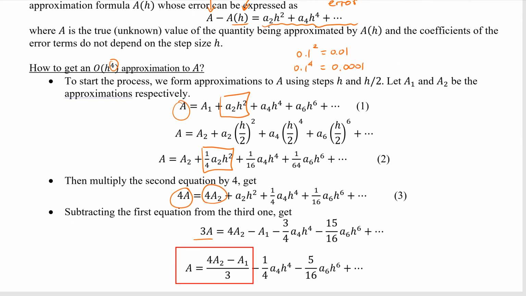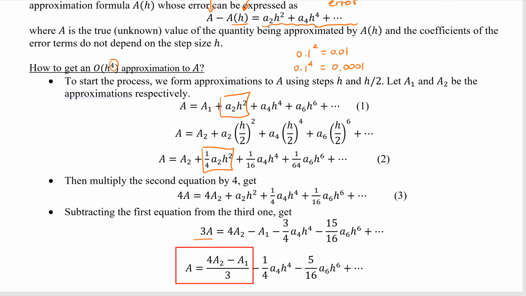On the right hand side, we get 4A2 minus A1. And then the next term, a2 h squared, they cancel. Okay, and then the next term, we have 1/4 a4 h to the 4th minus a4 h to the 4th. That is minus 3/4 a4 h to the 4th. And for the next one, we have 1 over 16 minus 1. That is negative 15 over 16.